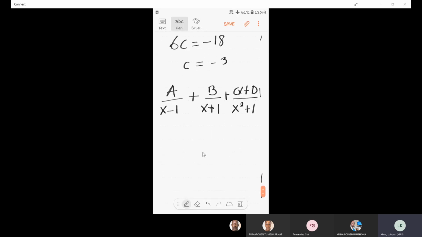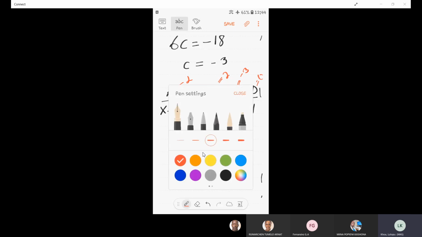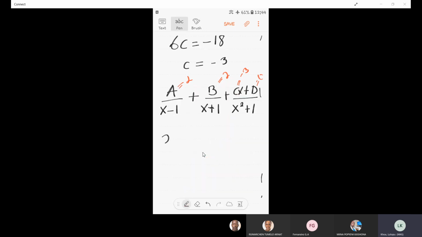We said that a is 2, b was also 2, c we said is minus 3, and d we said is 0. So we just rewrite it nicely. This is 2 over x minus 1 plus 2 over x plus 1, and then minus 3x over x squared plus 1. And that is your final answer.